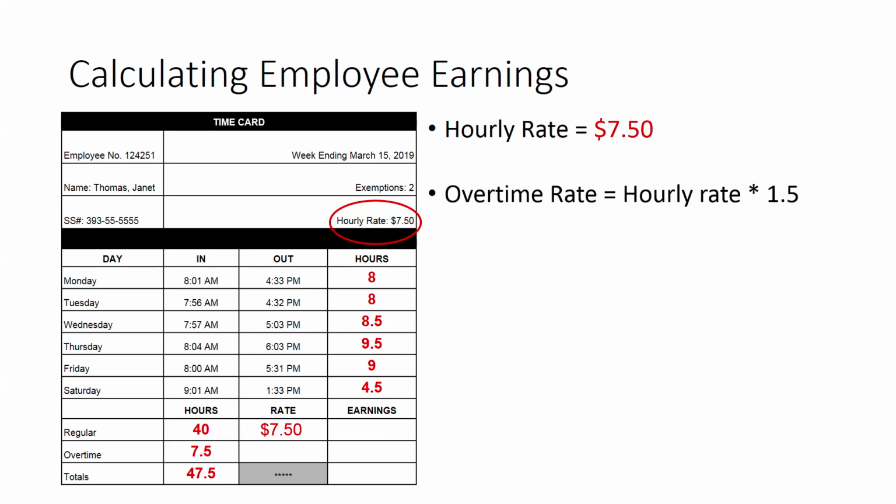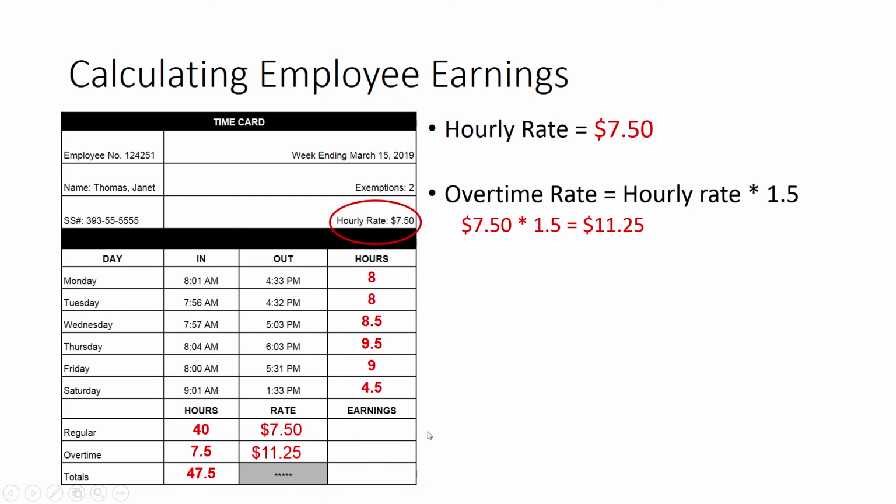So for this person, you're going to take 7.5 times 1.5, which equals $11.25. So every hour they work over 40 hours, this person will get paid $11.25. So we'll plug that number in to the overtime rate section.